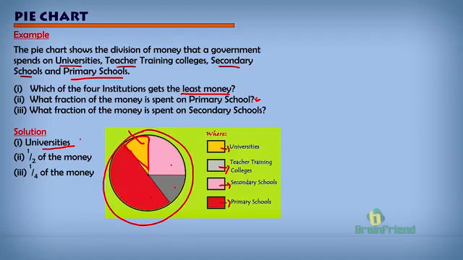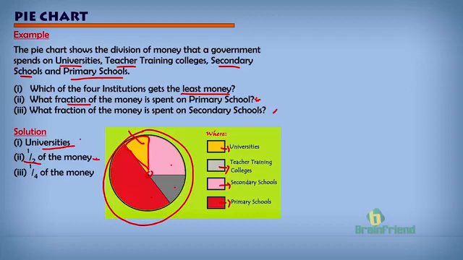So we can simply say the fraction that we have been asked for is half, exactly half. We have a straight line that cuts across the center of our circle, a diameter that cuts the circle in half, or cuts our pie in half. So we have half of the money to be our answer. The fraction of money spent on primary schools is exactly half of the total amount.